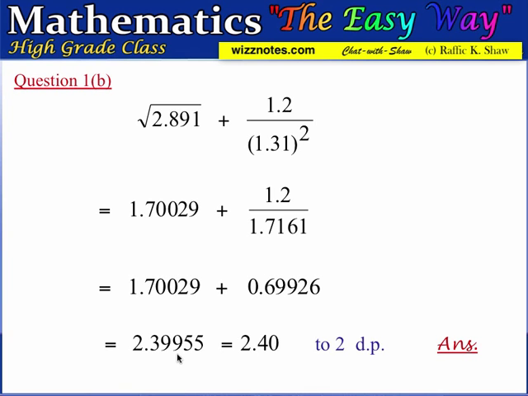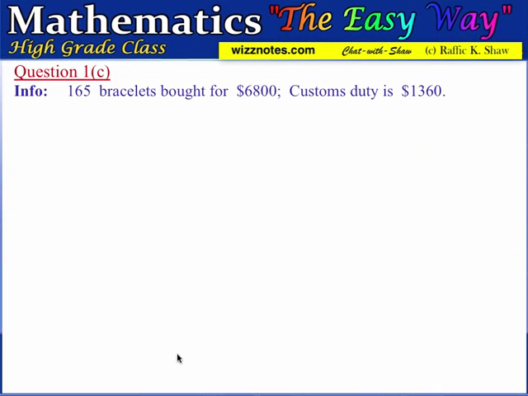Let's move down now to part C. Now in part 1C, we are told that a jeweler purchased 165 bracelets for $6,800, and these bracelets were bought in China. And when he returned to his country, the customs department in his country charged him a total duty of $1,360.